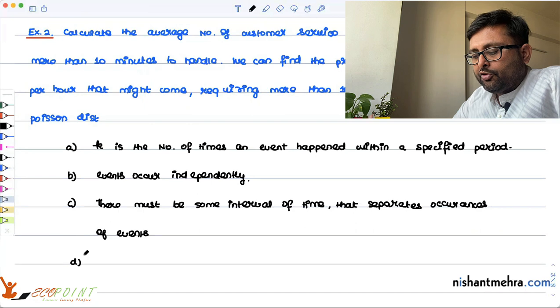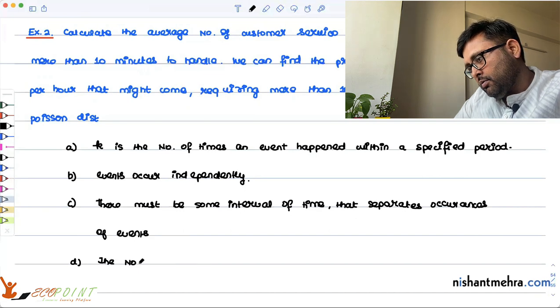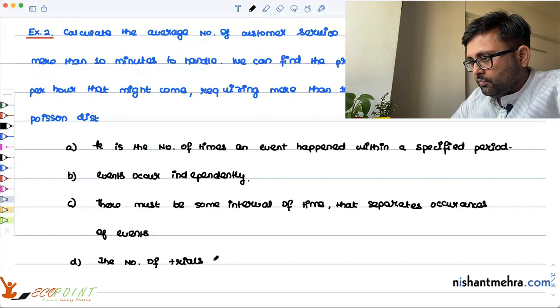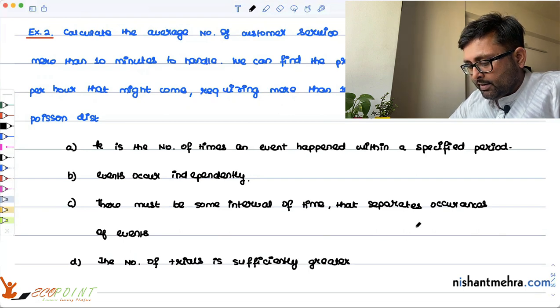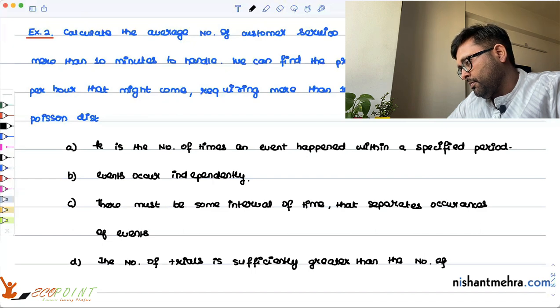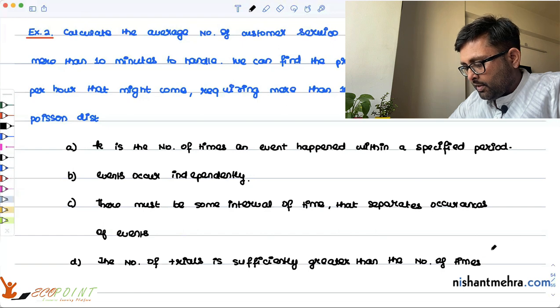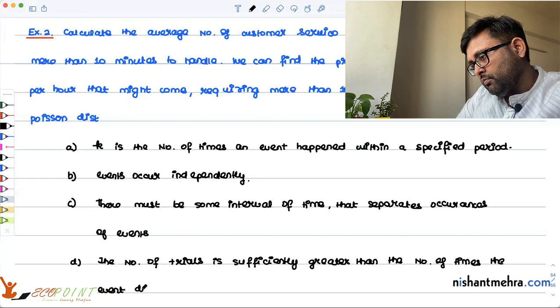And the other thing is that the number of trials is sufficiently greater than the number of times the event does occur.